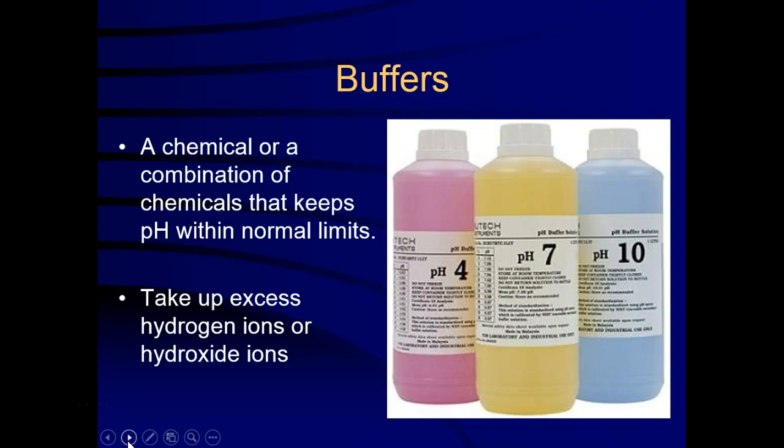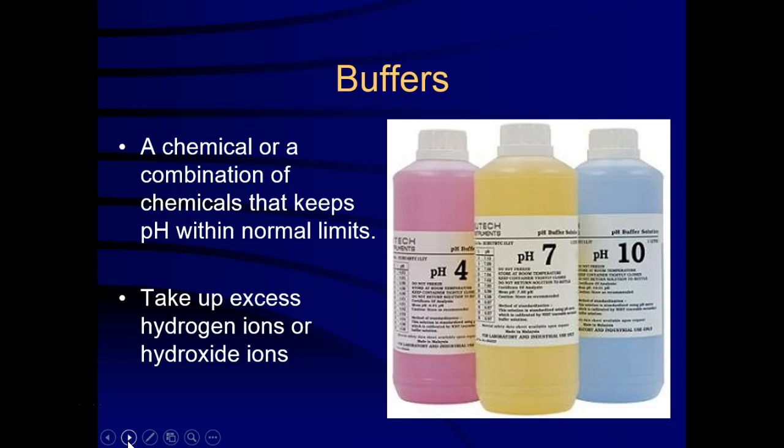When a body fluid gets too acidic, the basic part will start absorbing those hydrogen ions and raise the pH. If a body fluid becomes too basic, then the acid part will start releasing hydrogen ions to bring the pH back to its normal range. All right, so that's what buffers do.